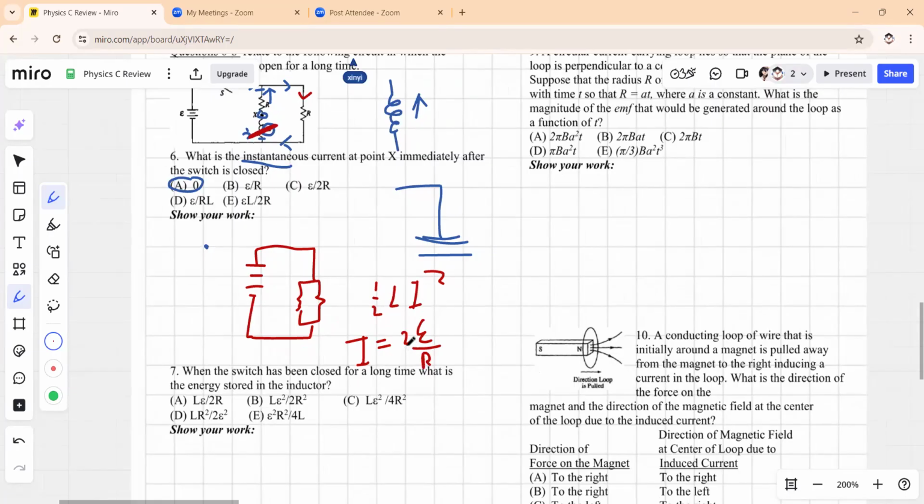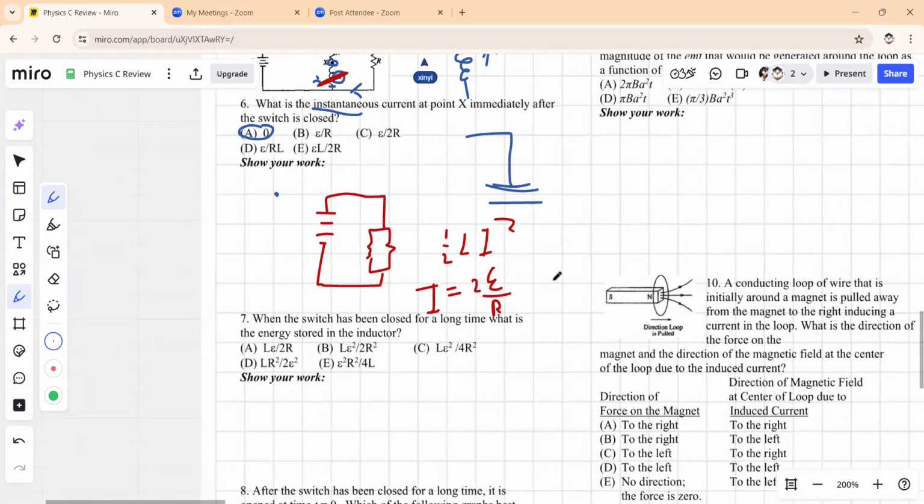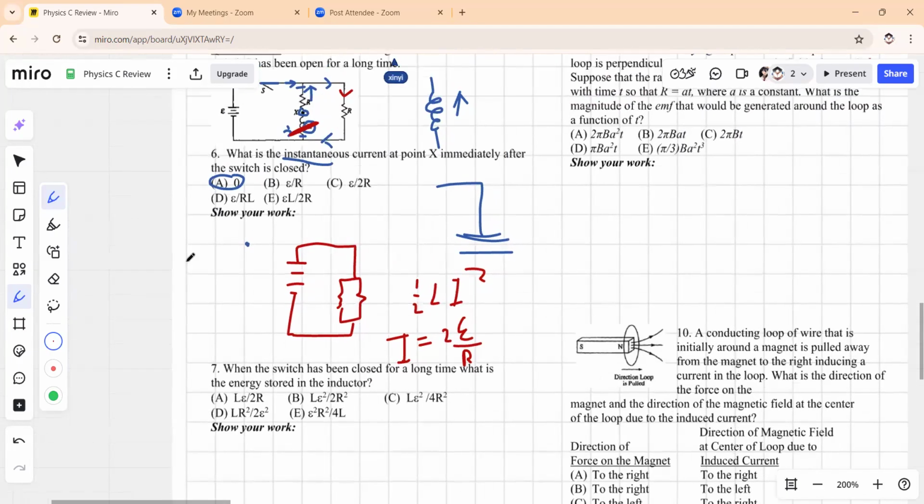So is the right answer not one of the choices? I got C for 7. Because the resistance is this, the current should be that. No, wait. Is it C?